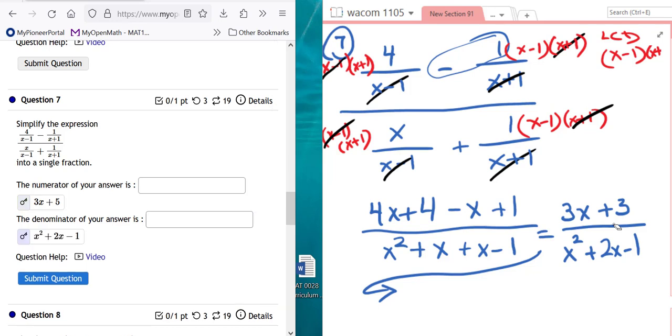All right, let's see what on the numerator I did wrong. Okay, so I had a 4 here, and the x minus 1 cancels, and it goes times x plus 1. Right, because 4x plus 4. No, 4x plus 4 is what I get there. That's okay.